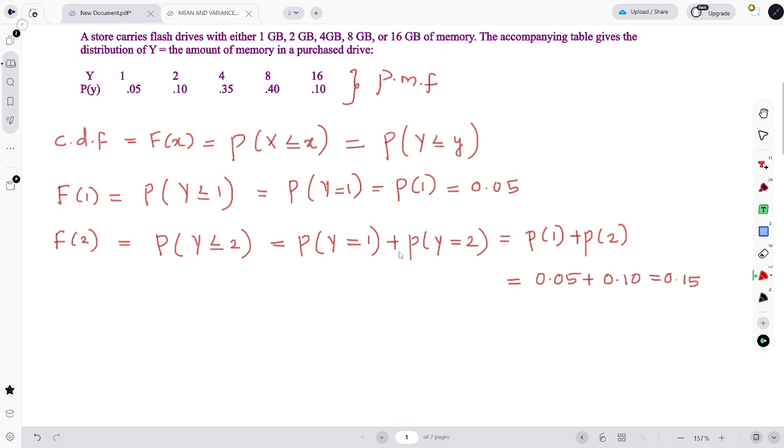Similarly, we can find F of 4. F of 4 is equal to P of Y less than or equal to 4.